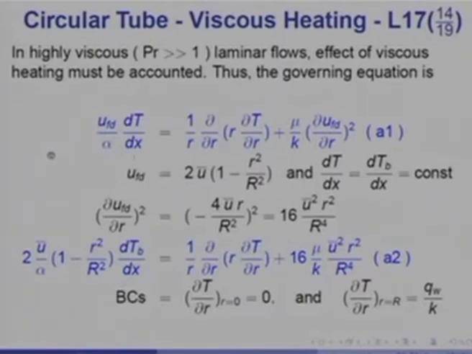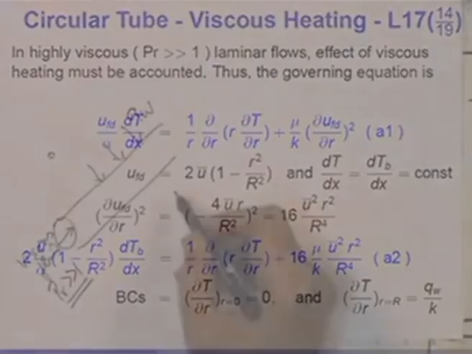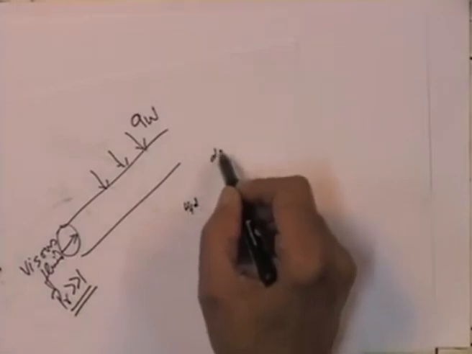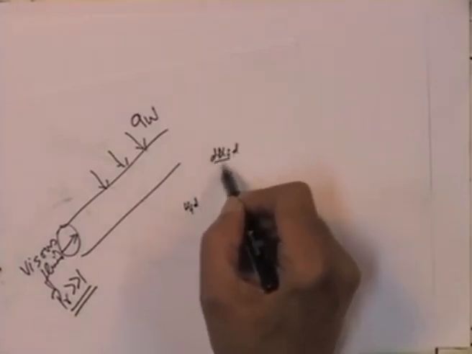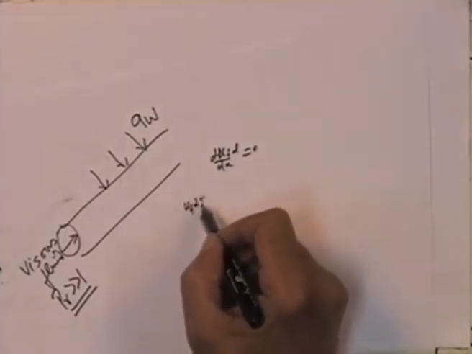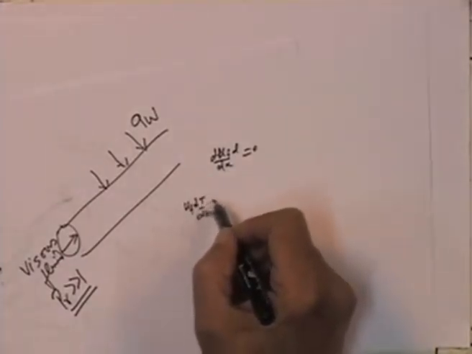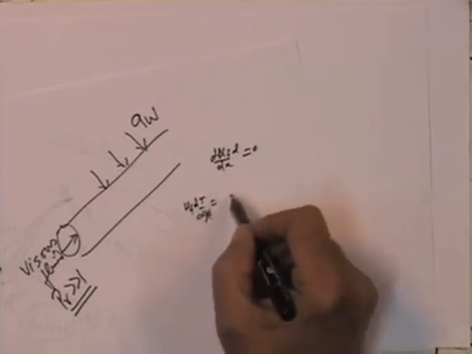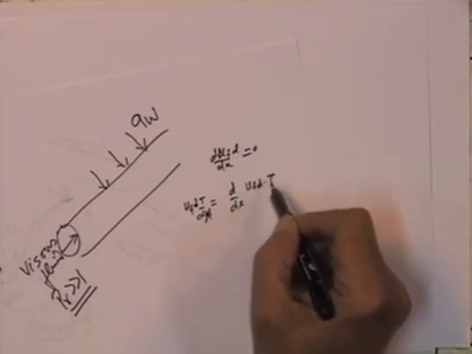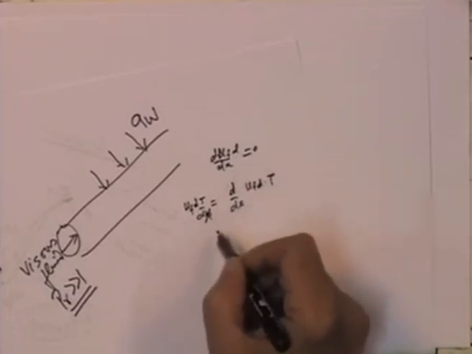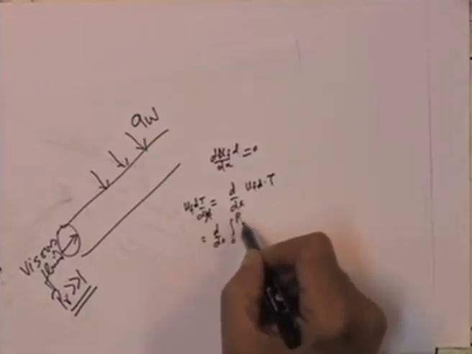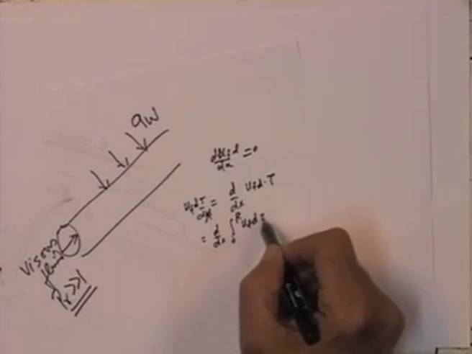You can see the left hand side, if I integrate over the area, and because d UFD by dx is equal to 0 because it is fully developed, UFD dT by dx will actually become d by dx of UFD into temperature, and I integrate this, d by dx of integral 0 to r UFD T dy.